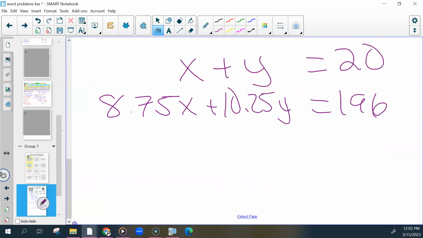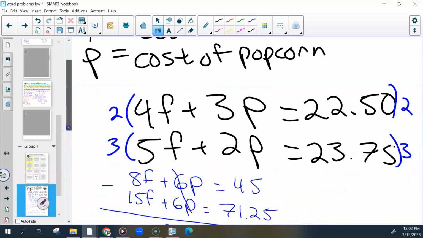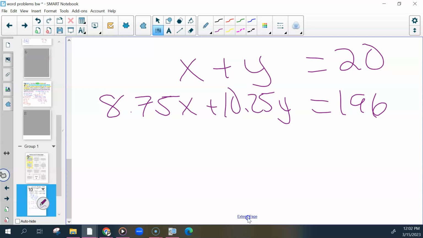So last problem we solved by elimination. So for this one, substitution or graphing? Substitution, okay. And then we are looking for how many hours we worked at the bookstore. So if we solve for y, we'll get an equation, put that in, and then the y's will disappear.